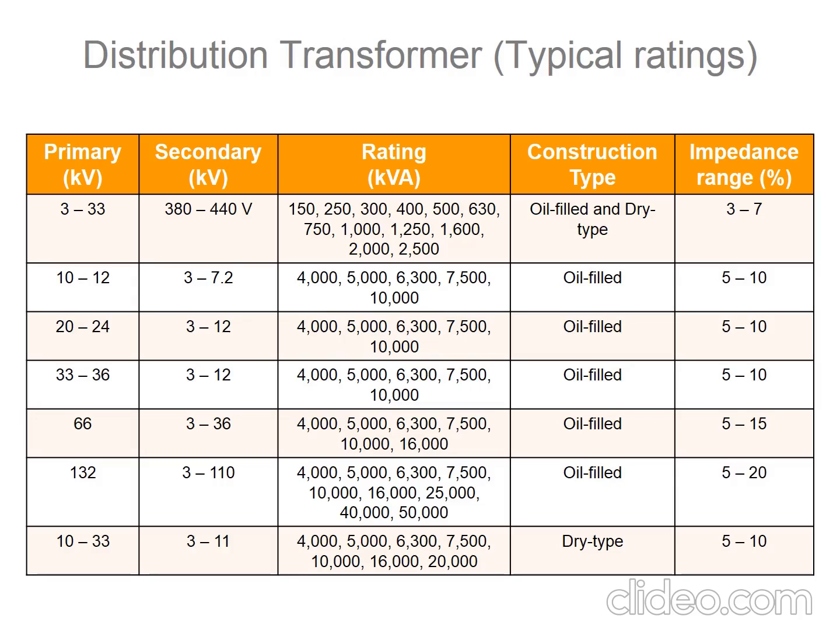This is the typical rating for distribution transformers. This is the voltage for the primary side, and this is the voltage for the secondary side. This is the rating, and this is the construction type for each type.